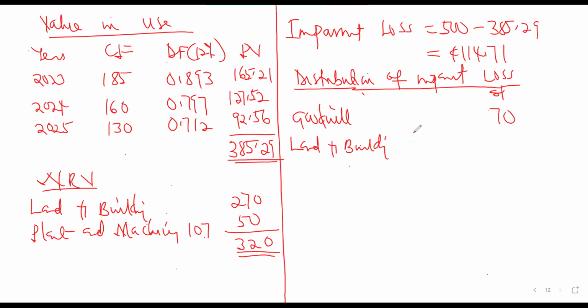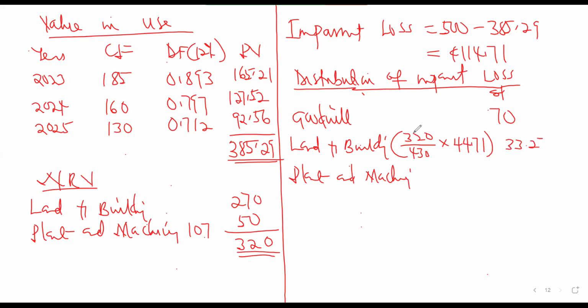So 320 divided by 430, multiplied by the remaining impairment loss of 44.71. What are we going to be getting for that? 33.27.